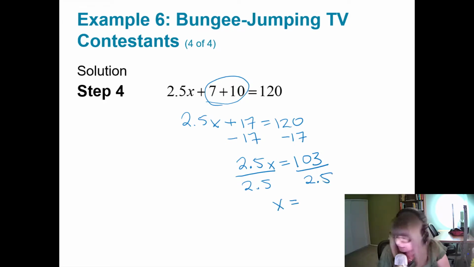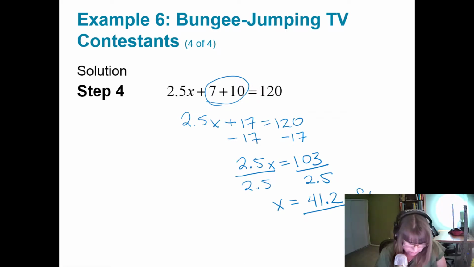Breaking out my calculator, 103 divided by 2.5, I get 41.2. And this is in feet. That means my maximum length of bungee can't be more than 41.2 feet.